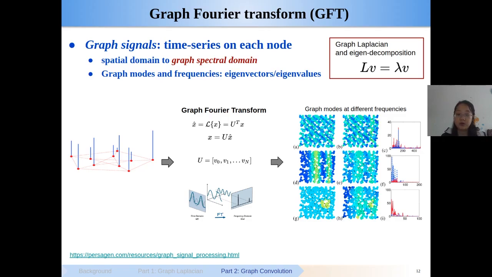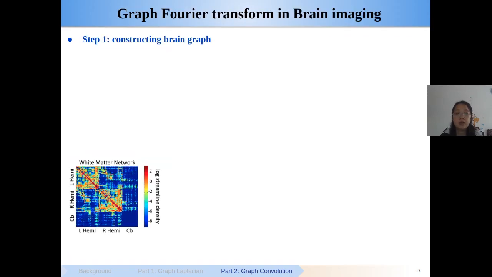For instance, at low frequency, the signal and the patterns are highly clustered, and as you go to higher frequency, even neighboring pixels show different signals. This type of tool has already been used in brain imaging, and has also provided very useful insights into brain organization.